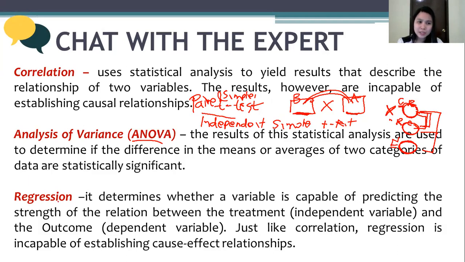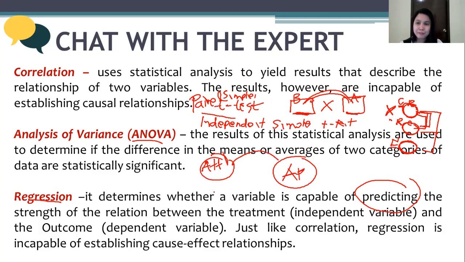The last one is regression. Regression is very similar to correlation, but here's the keyword: predict. In regression, we check if the variable is a predictor of another variable. Example, let's have a series of correlation, okay? What will affect academic performance? I'll check. Is it attitude? Correlate with academic performance.